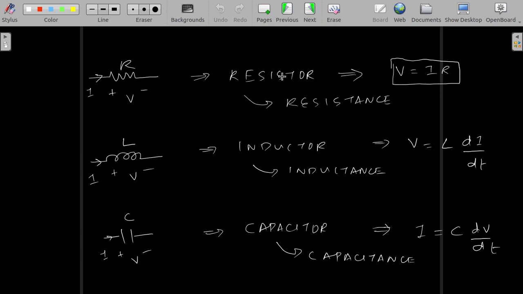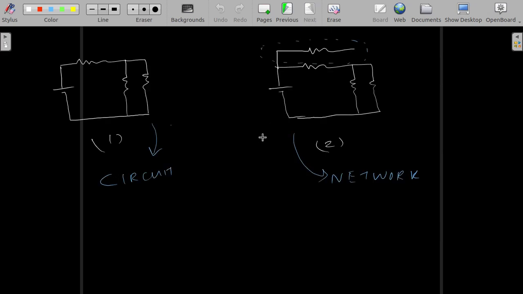Then we introduced the 3 major passive elements that we'll be dealing with in our subject, which are resistors, inductors and capacitors, their circuit symbols, and the voltage current relationships, right? And the last topic we discussed is the difference between a circuit and a network.